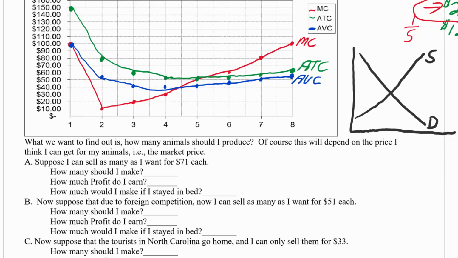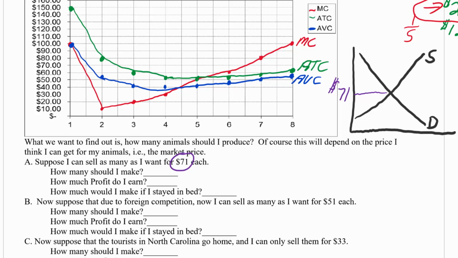And let's assume to start off with that the market price is $71. What that means is that I can go to work, I can produce these chainsaw carved animals, and I can go to the market and I can sell as many of them as I want for $71, since I'm one small supplier out of many. So the equilibrium price is $71.